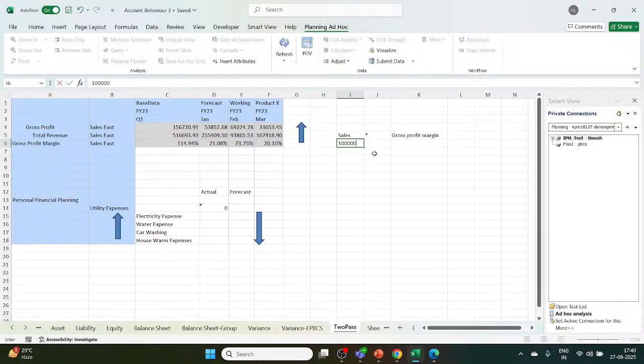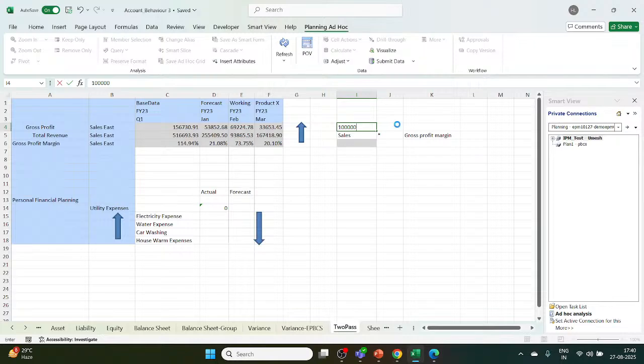We could see the gross profit margin. Here the sales is our 1 lakh rupees.